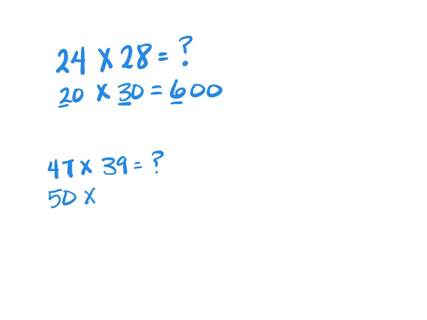And what would I round 39 to, Abby? 40. Okay, we're going to take our basic fact. 5 times 4. What is 5 times 4, Riley? 20. And then I'm going to add 2 zeros. So 47 times 39 is about 2,000.